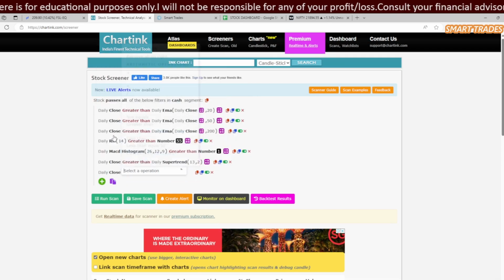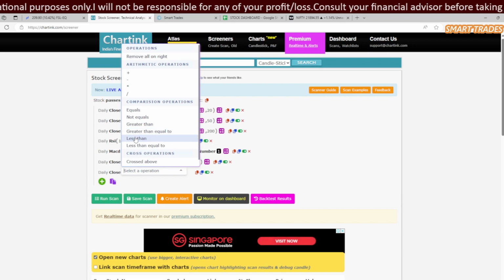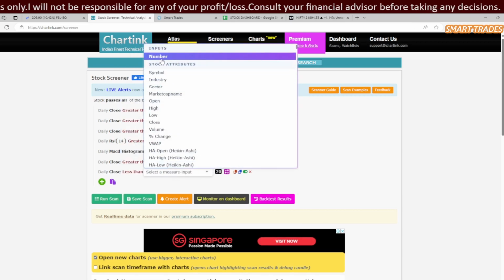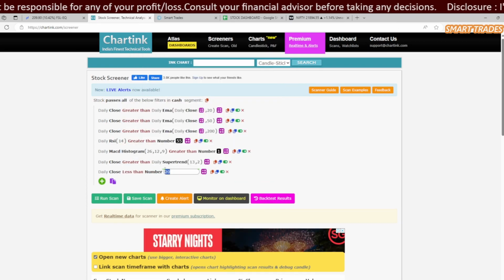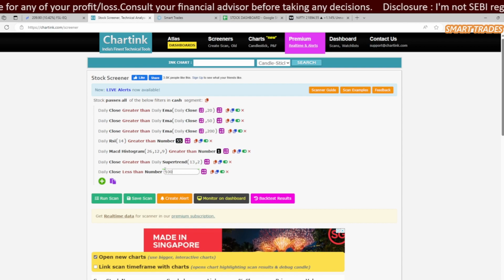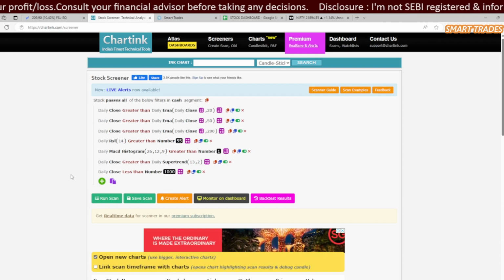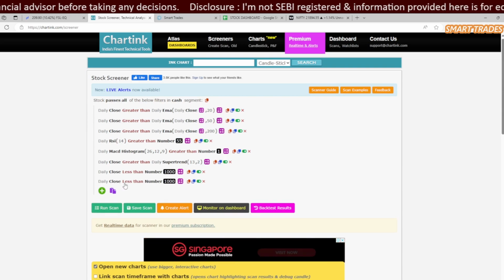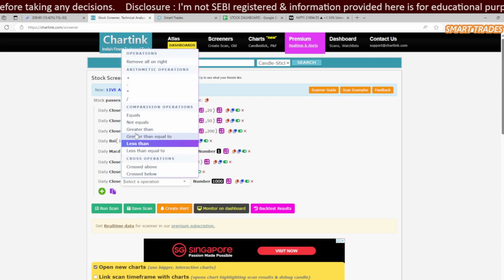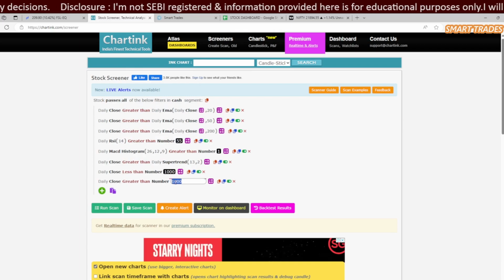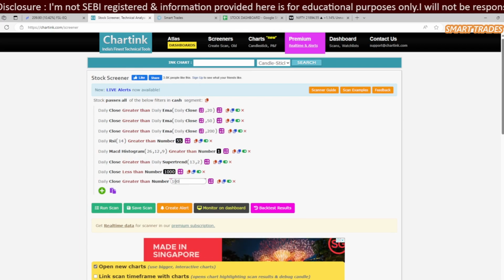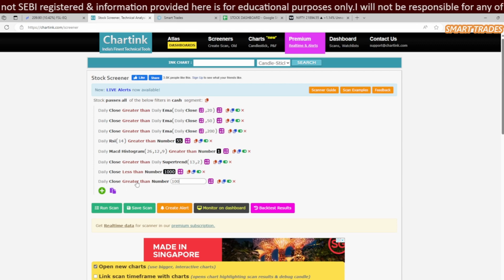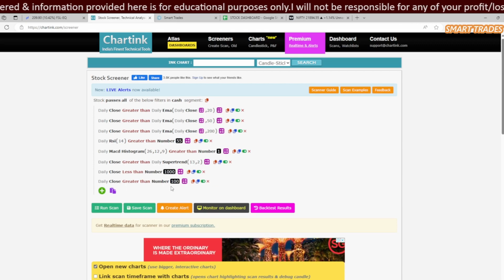So the daily close less than the number 1000, so it will show stocks less than 1000 rupees. Next, daily close greater than the number 100, so it will show daily close greater than 100.